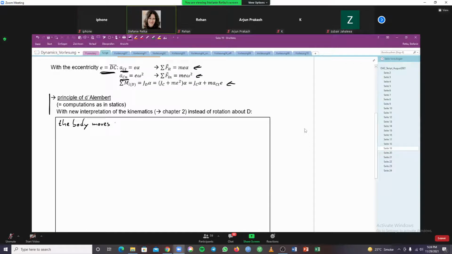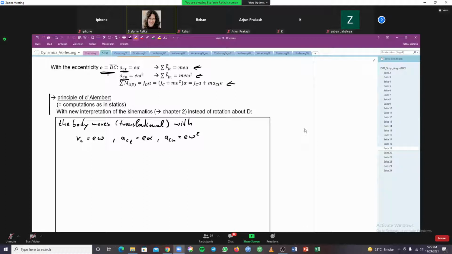The body moves translational with the velocity of the center of gravity being E times omega, tangential acceleration E times alpha, and normal acceleration E times omega squared.